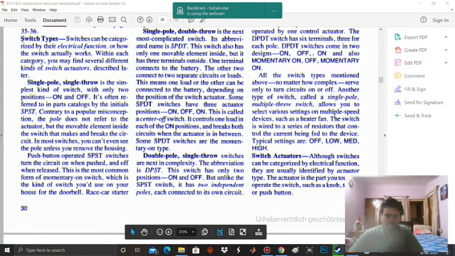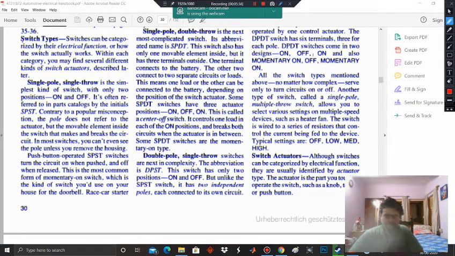So the double pole single throw switch is next in complexity to the single pole double throw switch. The abbreviation is DPST. This switch has two positions, one is the on position and the other is the off position.